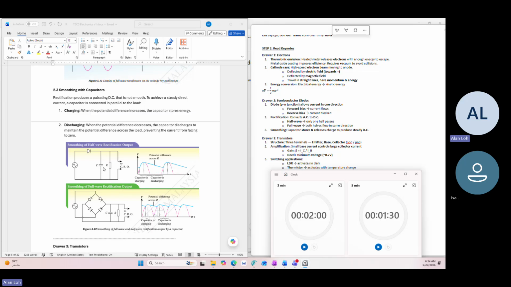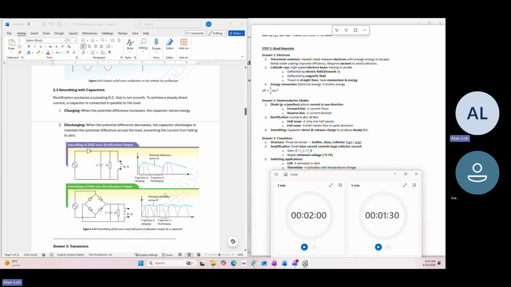For a battery, it is one short, one long. For a capacitor, they are the same length, right? Then you can see it is trying to smooth out, rather than having this shape. For the full wave, it's the same setup, but you add this capacitor right in between here. And then the output is going to be like this.